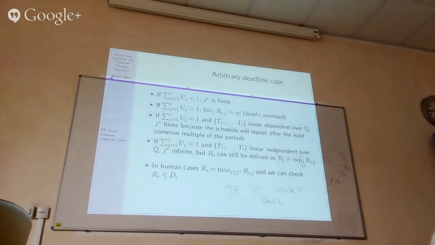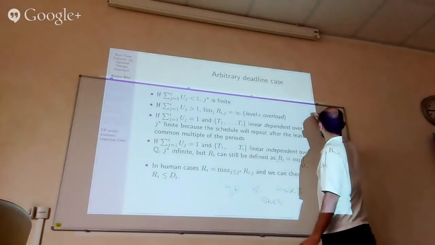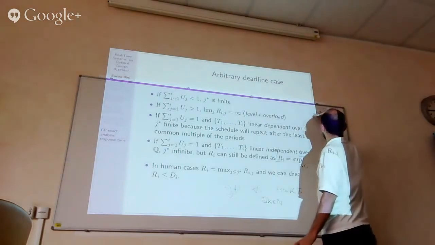So, for example, there are two tasks, and at the first job, one has period 3 and one has period 5, for example. So T1 equal to 3, and T2 equal to 5.